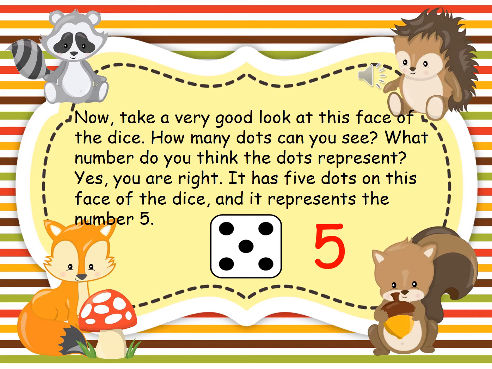How many dots can you see? What number do you think the dots represent? Yes, you are right. It has 5 dots on this face of the dice and it represents the number 5.